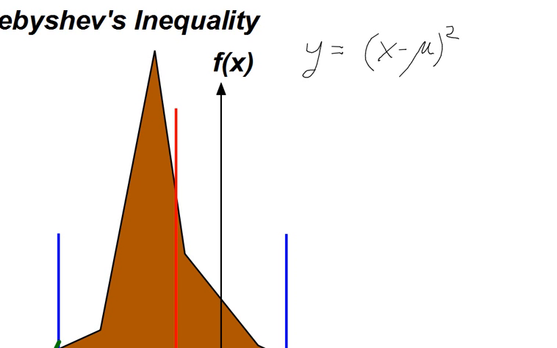Okay, so we just define it in that way. Now Y clearly is a random variable that is always positive, so we can use the Markov inequality for it.